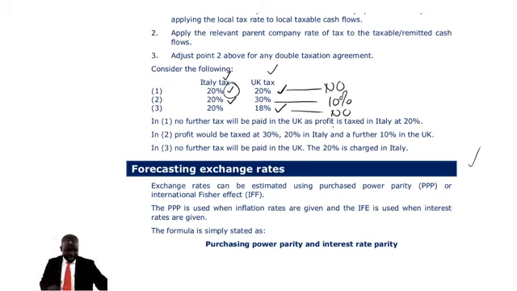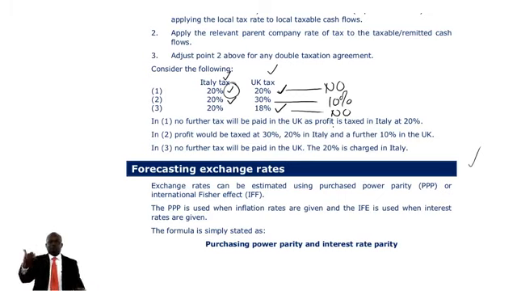It cancels off. If the rate you pay there is the same as your country's, you don't pay anything. If the rate you pay there is less than your country's rate, then obviously you have to top up. And that is why there is the 10%.